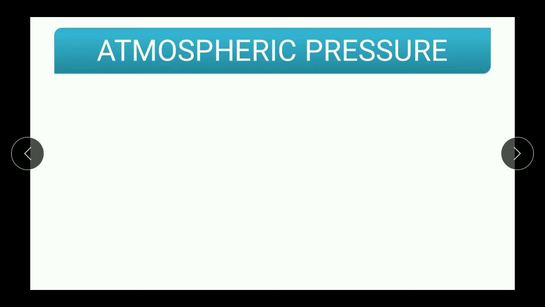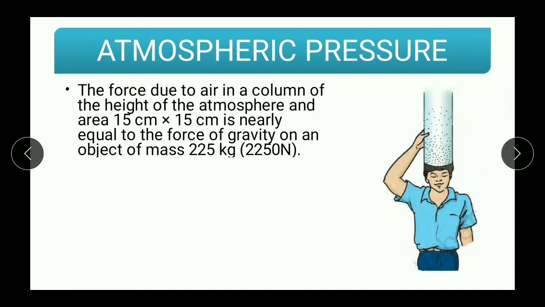Now let us consider a person standing on some surface. If you calculate, you will find that the air above his head has a mass of 225 kg. In terms of force, it is around 2215 newtons just above his head, and we are hardly 60 kg.